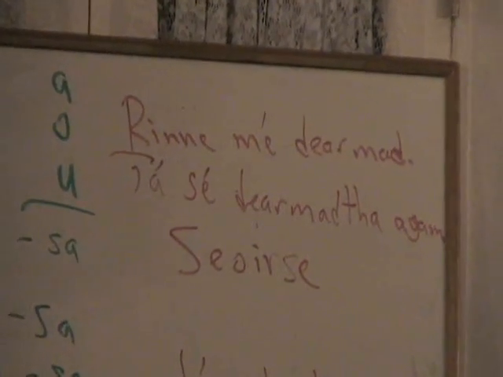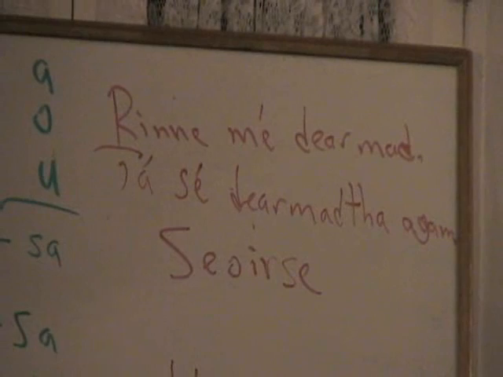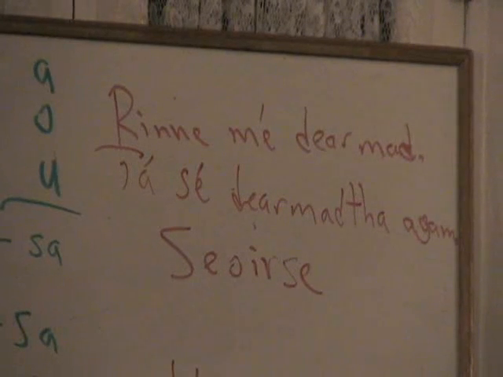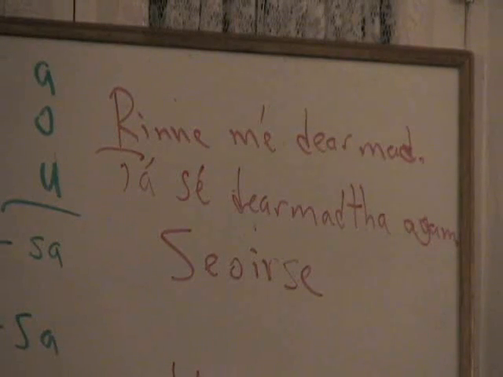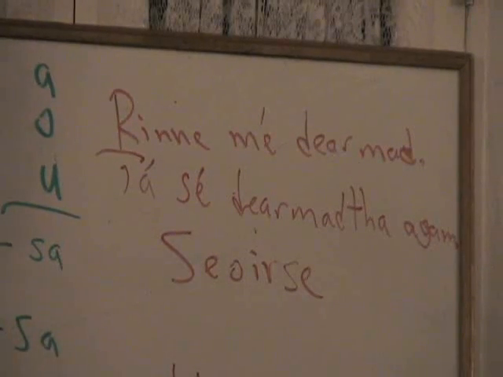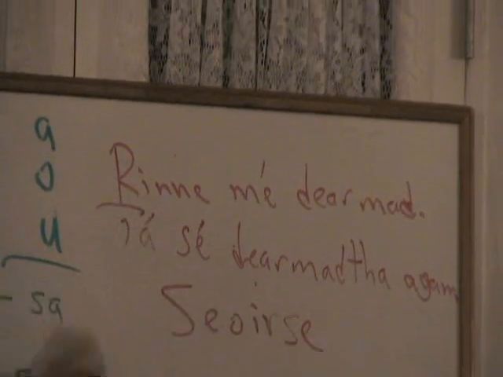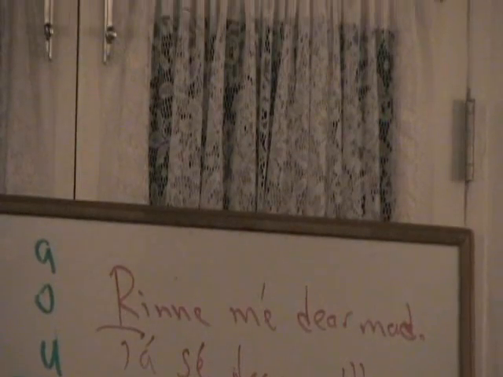Okay. "Dearmad" means a mistake or to forget something. So "rinne mé dearmad", yeah. Like the guy's name, Jeremy? No, that's spelled differently. D-E-A-R-M-A-D. Okay. It's not German. No. Okay.